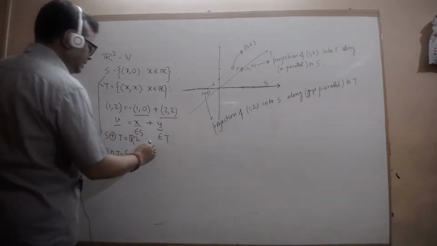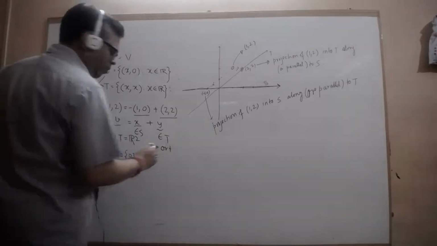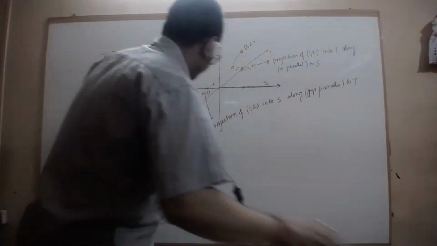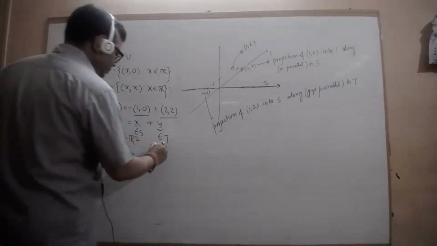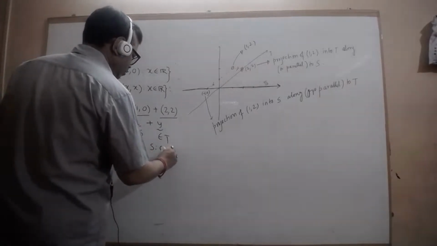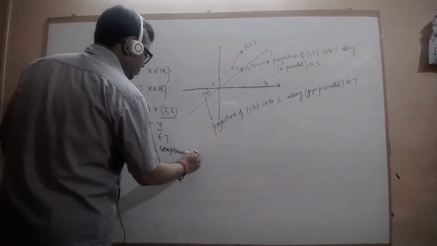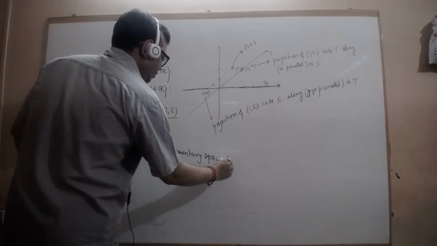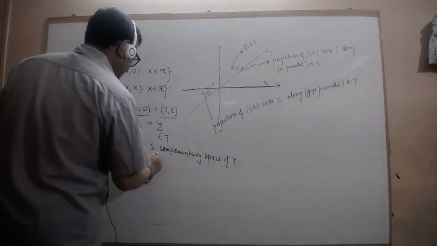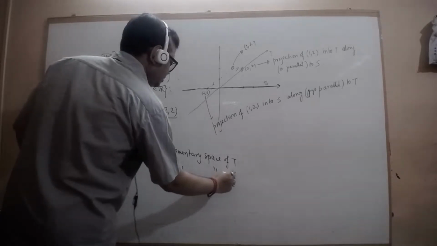And this S is called the complementary space of T, and T is called the complementary space of S.